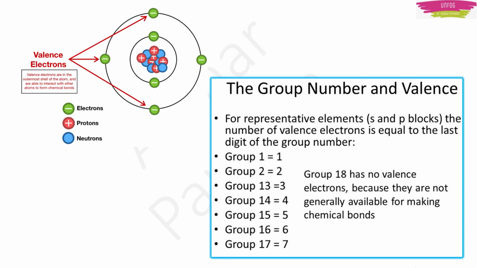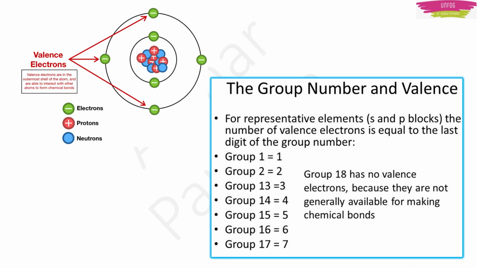Like all the elements belonging to group 1 and 2 will have valence electrons 1 and 2 respectively. But if the elements belong to group 13 or group 14 or group 15 or group 16 or group 17, then the valence number of those elements will be equal to the unit place number.